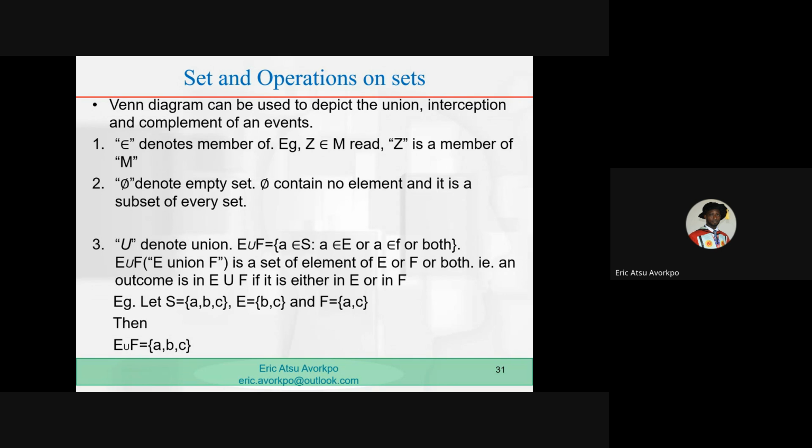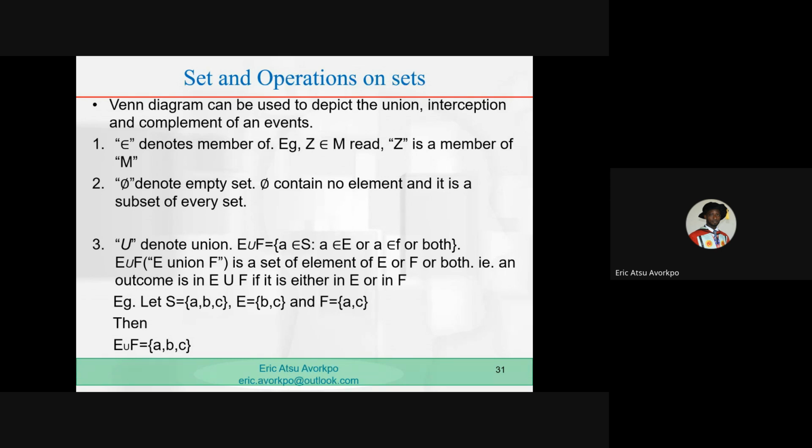Then we have ∪, which denotes union. So if I say E ∪ F, it means E union F. E union F is the set of all the elements in E or F or both of them.